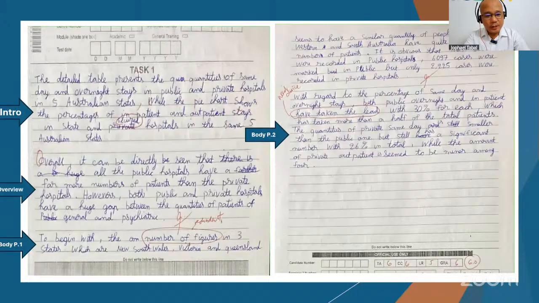Now, here is a quick look at the entire Writing Task 1 essay. So there is an introduction, there is an overview, body paragraph 1 and body paragraph 2.